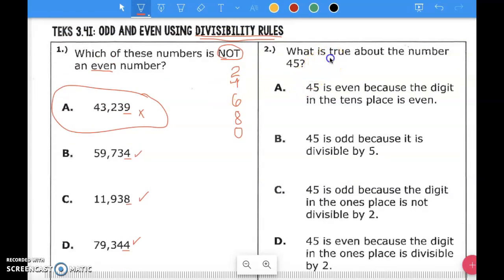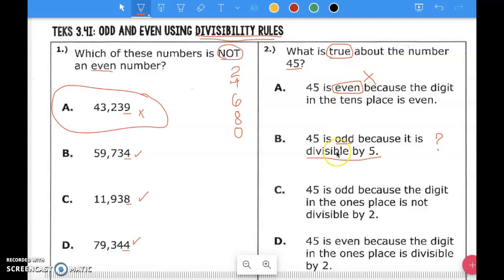So what is true? We're looking for the true sentence about the number 45. Okay, 45 is even. Is this statement true? No. 45 is odd because it is divisible by 5. Okay, I'm not so sure about this, so I'm going to put a question mark.